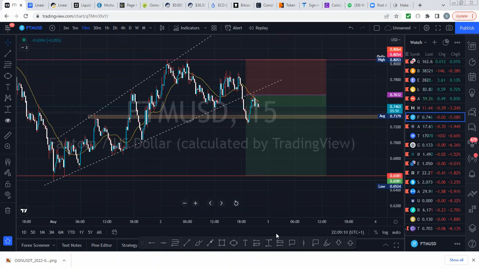So stop loss is very, very important if you are trading. If you trade without stop loss, remember that you will be liquidated. Your money will just vanish.